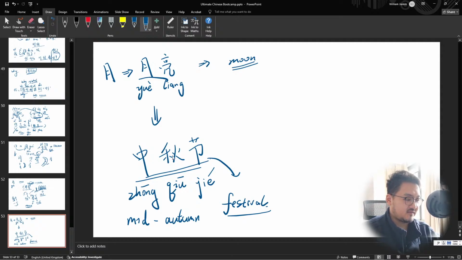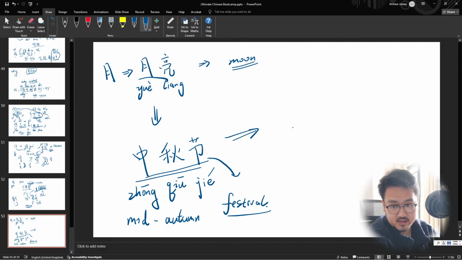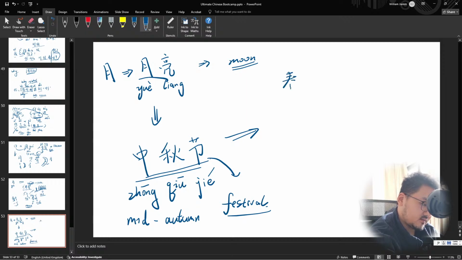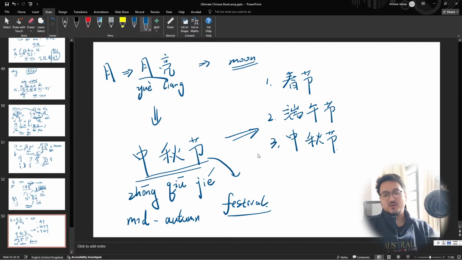That means a festival in the middle of autumn, and it's a very traditional festival in China. Okay, so in China we got the 春节, okay, and 端午节, 以及中秋节. So basically it's 1, 2, 3, like the big 3 festivals in China.